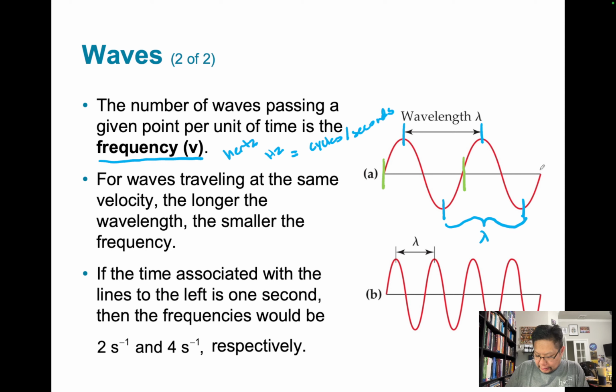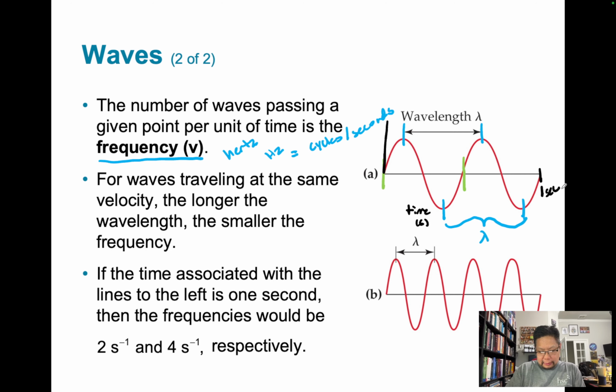And so if we imagine then that right here, we use black now. If we imagine that this is an x-axis, right, and the x-axis unit is time in seconds, right, and then this is 1 second right here, right, 1 second. Then the question is, right, what is the frequency?